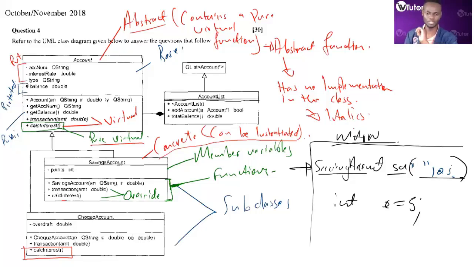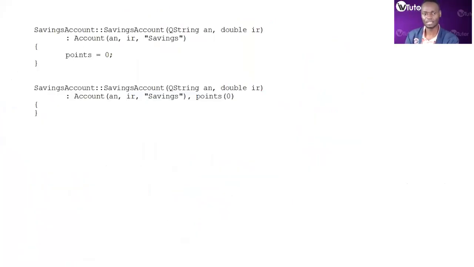So if we look at this, for example, let's look at our constructor account. It takes a QString called AN, a double called IR, and a QString called TY. You don't think, you just define, which means if you are defining this inside your class, how would you do it? Let's do it maybe here.